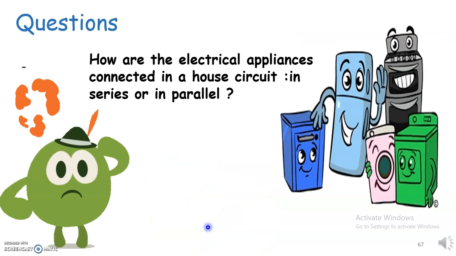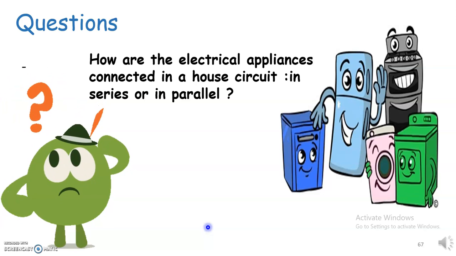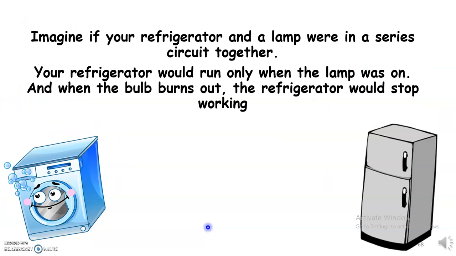A question crossed my mind. How are the electrical appliances connected in a house? In series or in parallel? Suppose they are connected in series. For example, imagine that our refrigerator and a lamp were in series. The refrigerator will run only when the lamp is on, because in series if one lamp turns on, all the components turn on.